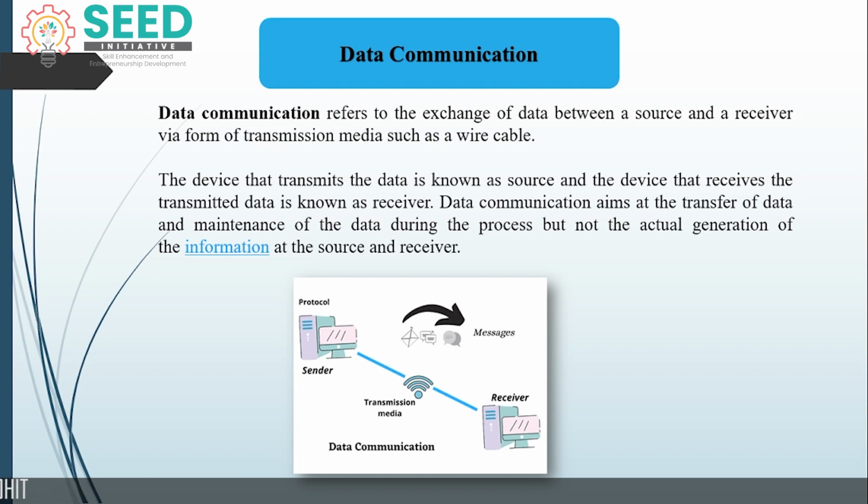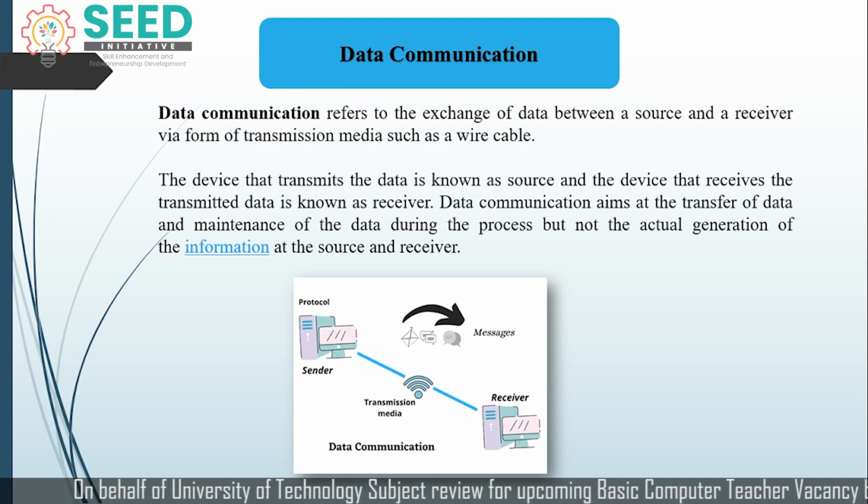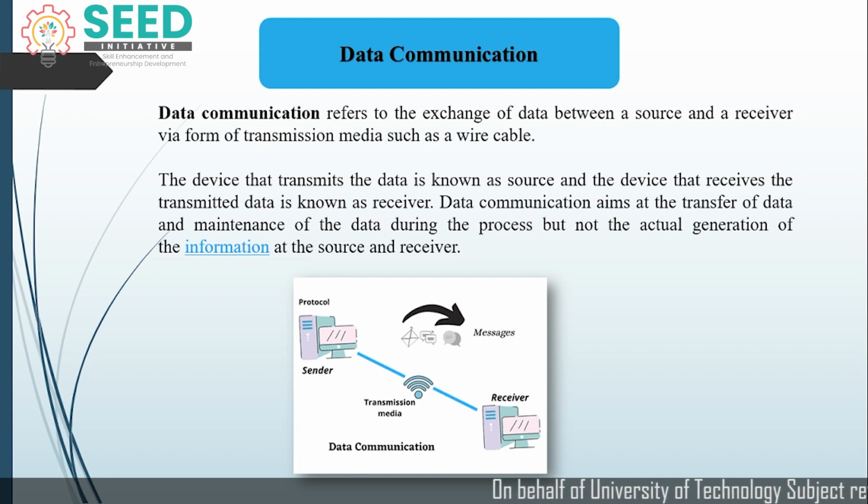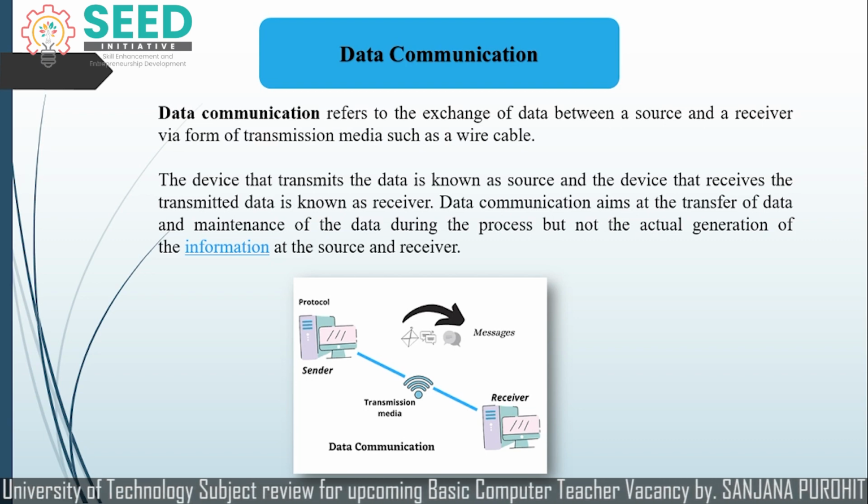First is the introduction of data communication. Data communication refers to the exchange of data between a source and a receiver via some form of transmission medium such as a wire cable.